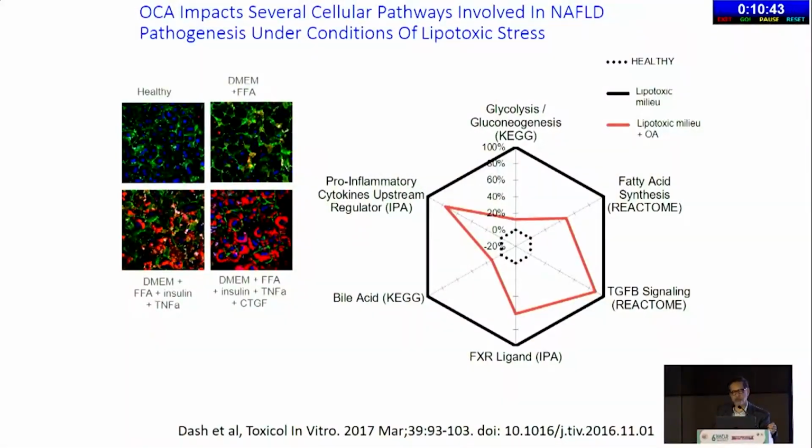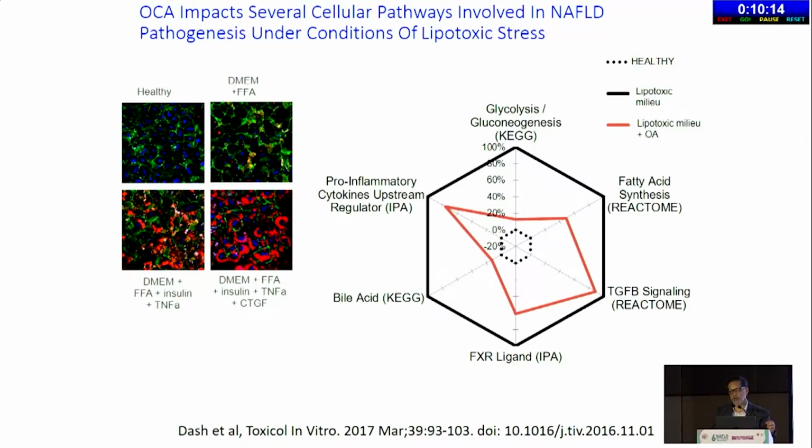Now, we have published extensively the pharmacology of obeticholic acid, which is the prototypic, first generation FXR agonist. What you see over here is a radar plot where the dotted lines in the center show what the activity for gluconeogenesis, inflammation, fatty acid synthesis, fibrosis, TGF-beta signaling, and bile acids is supposed to be.